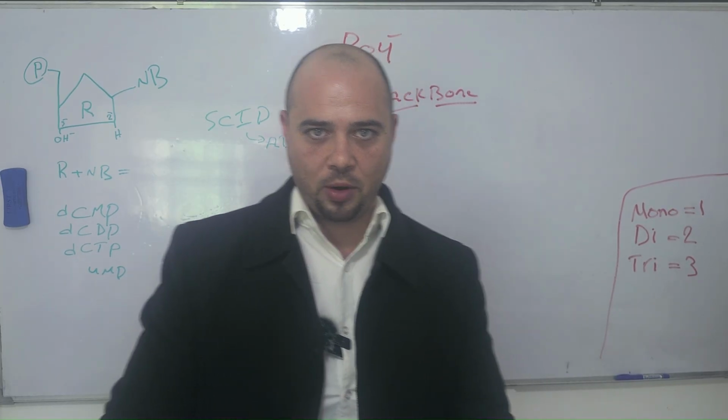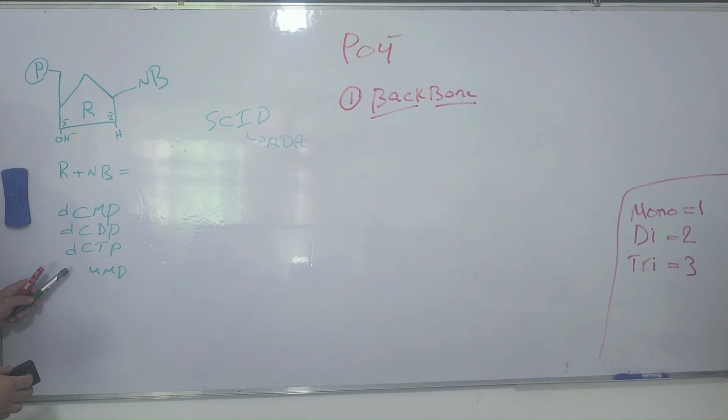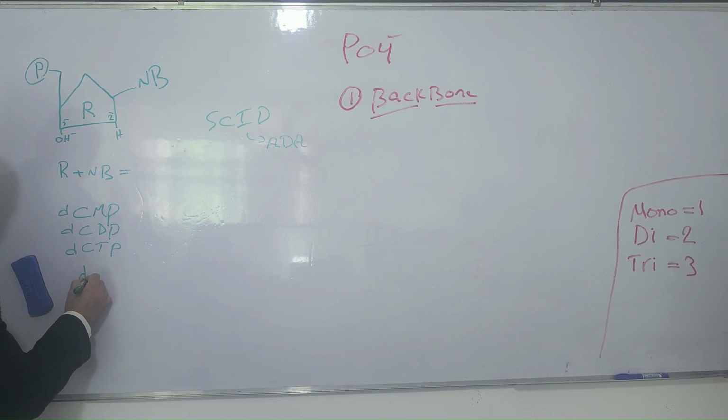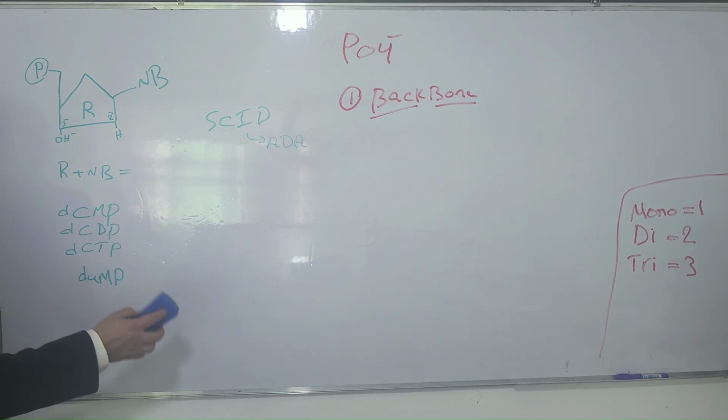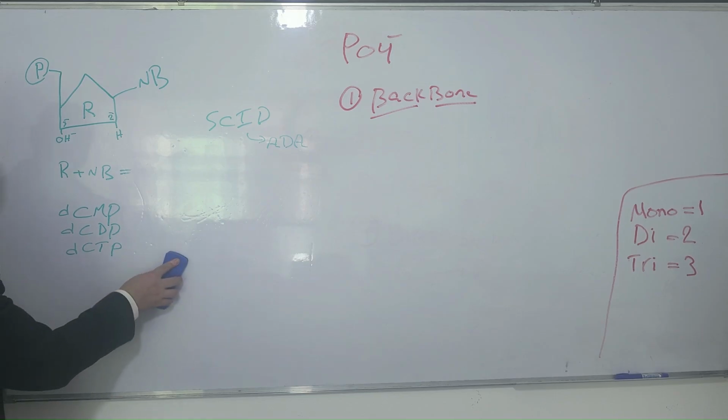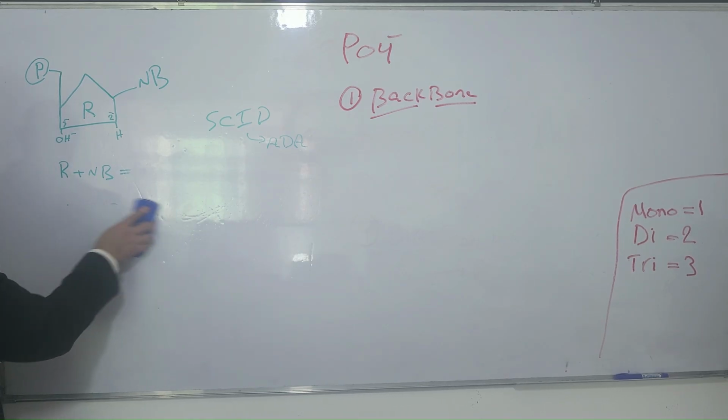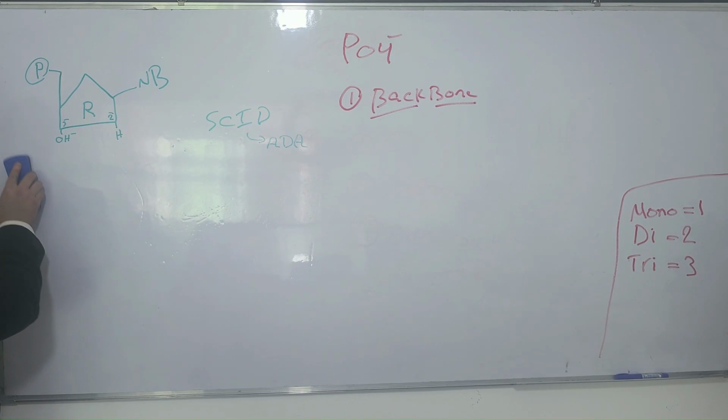Well, not normally, okay? You might see it as dUMP, but it will not be incorporated into DNA, unless there's an error or a cytosine deamination problem or something like that. Thymidine, the same basic principle.